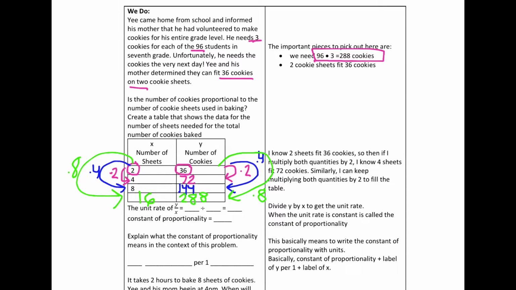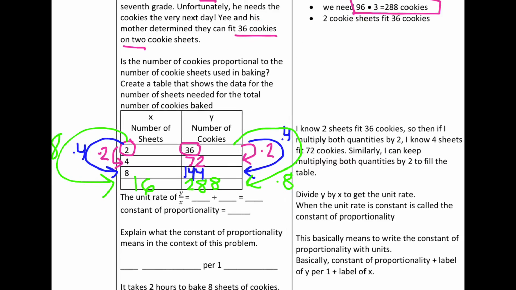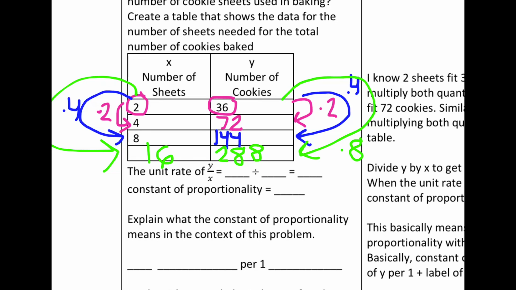Now to find my unit rate, I have to divide y by x. When I divide y by x, I'm dividing 36 by 2, which gives me 18. Because my unit rate is always the same, 36 divided by 2 is 18, 72 divided by 4 is 18, 144 divided by 8 is 18, and 288 divided by 16 is 18.